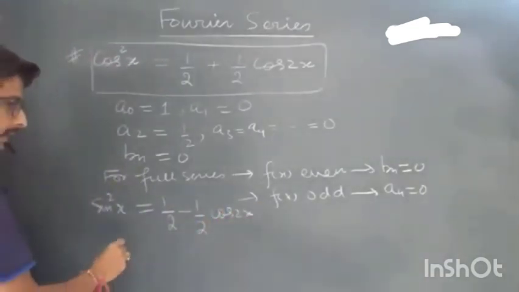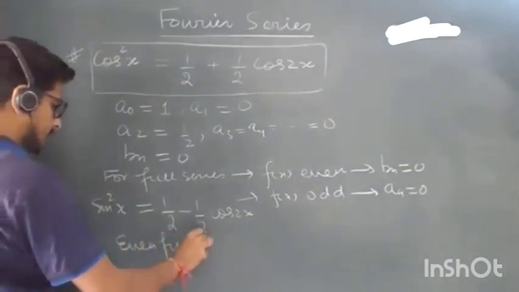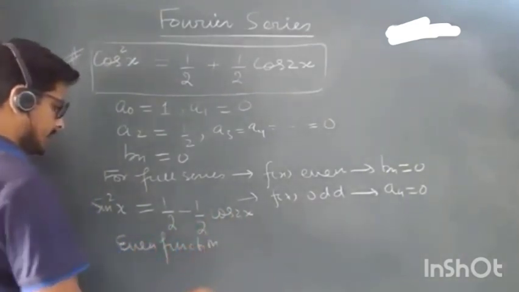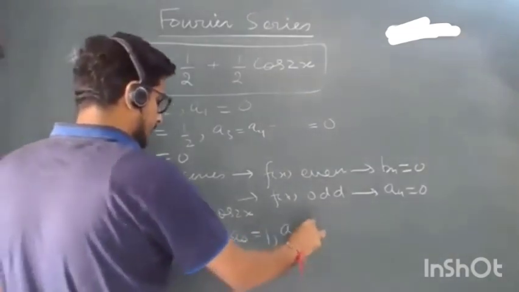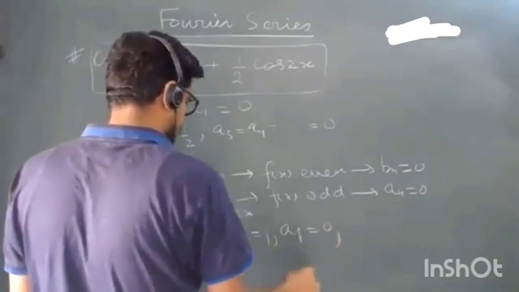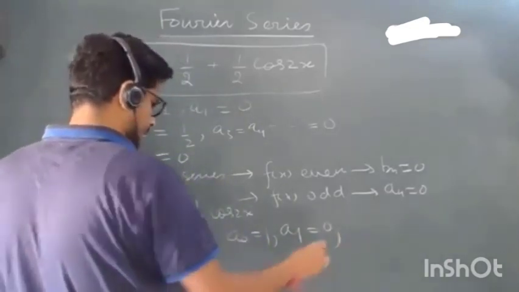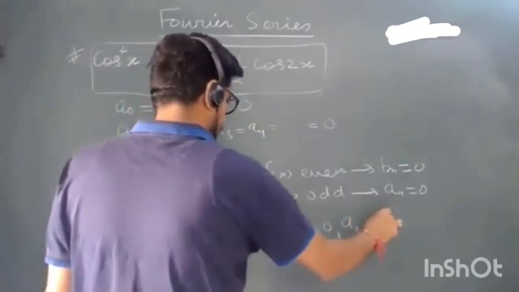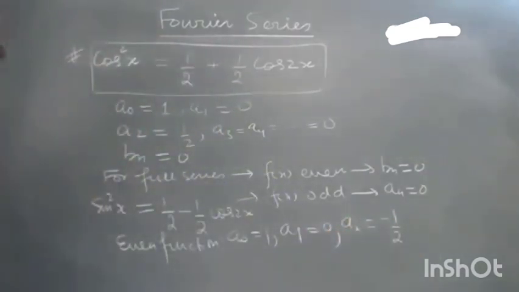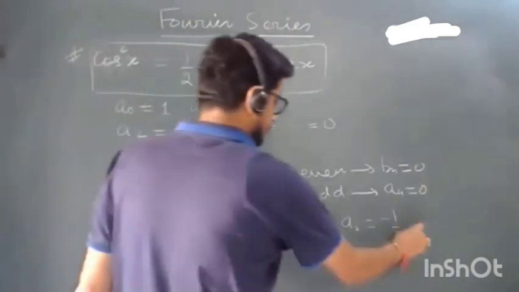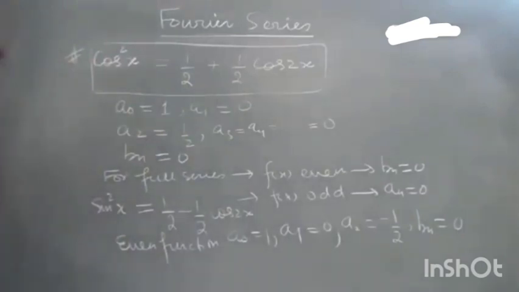This is also an even function, having a naught as 1, a1 as 0, and a2 as minus 1 by 2, and all b_n's equal to 0.